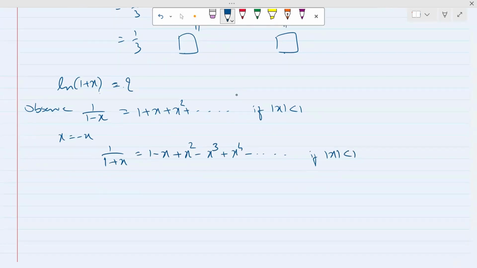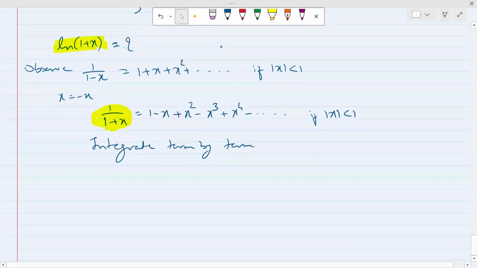And now I know how to get ln of 1 plus x from this function. The standard connection is to integrate term by term. Integrate both sides. So what will you have?